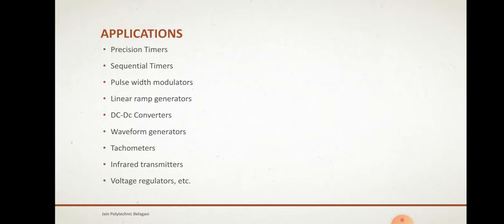Applications are precision timers, sequential timers, pulse width modulators, linear ramp generators, DC to DC converters, waveform generators, tachometers, infrared transmitters, and voltage regulators. We use the 555 IC timer in all these.